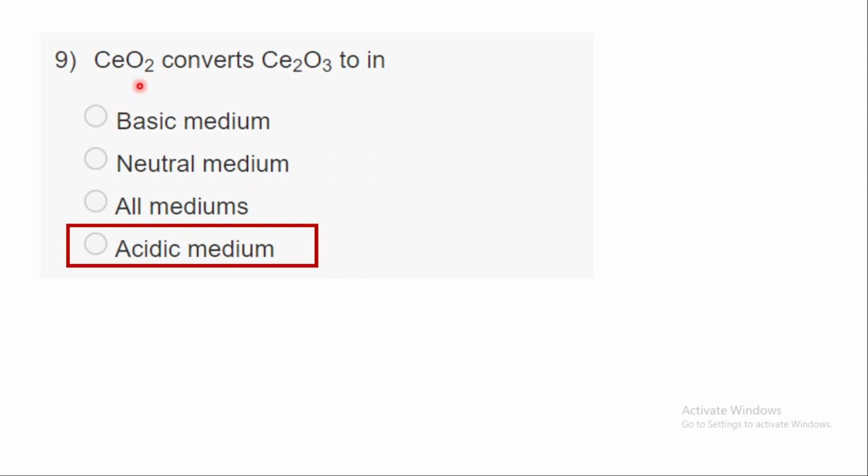Now there are two oxygen atoms here, so 2 times 2 minus is 4 minus. The total charge on oxygen in water will be 4 minus. To cancel out that 4 minus, cerium must be 4 plus, so that the compound is neutral.